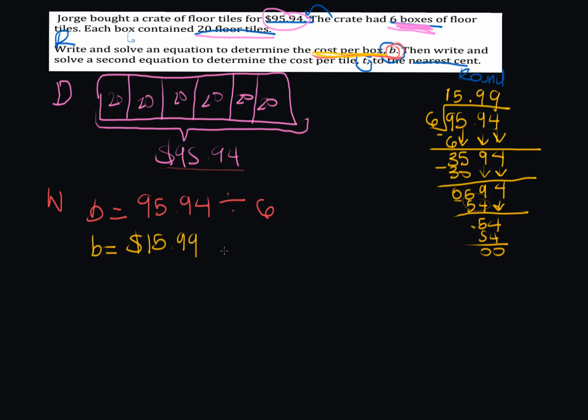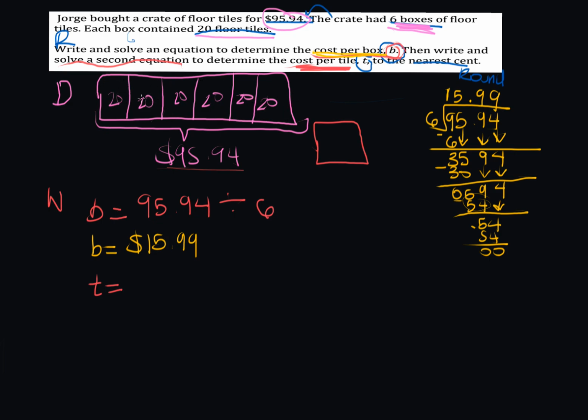$15.99. Now we need to write our next equation because it wants us to write and solve a second equation to determine the cost per tile. So we have to use the variable that they gave us, which was T. And just like we did up here, we have one box, which was one crate, which had 6 boxes in it.